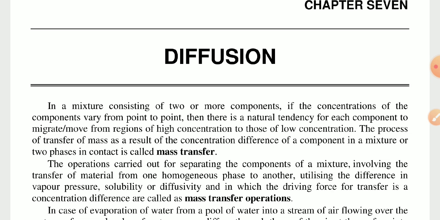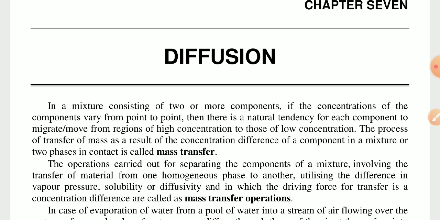The process of mass transfer occurs as a result of the concentration differences of a component in a mixture or of two phases in contact. This is called mass transfer. This is a simple definition of mass transfer.